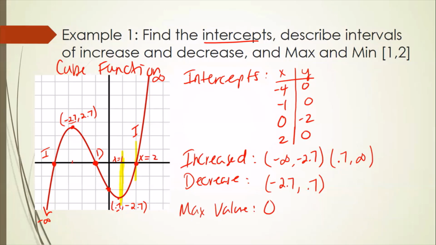That's the highest it goes up to. Remember, we talked about before that values are your y. And then our min value would be what? It looks like negative 2.5. We'll roll with that. Negative 2.5.